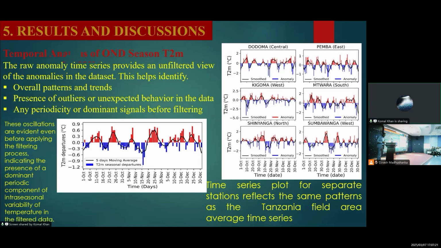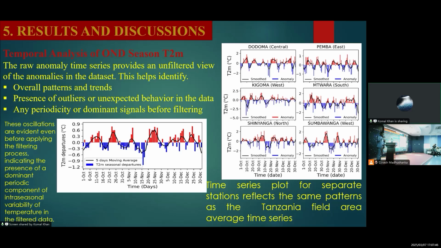Results and discussion. Temporal analysis of the OND season. Now, as you can see from this time series, from the filtered time scale of 10 to 25, we can see the sign of intraseasonal variability.